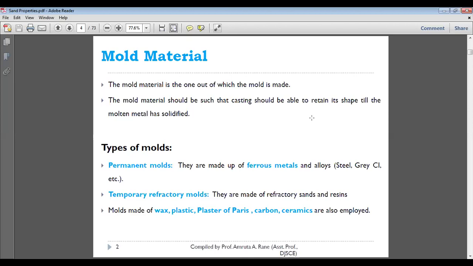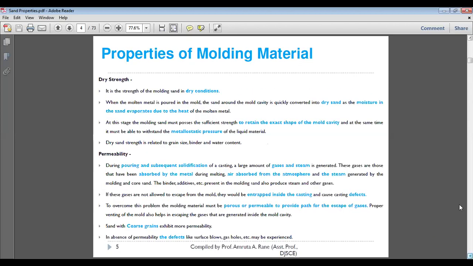They are used for making ornaments and other displays. So these are the other mold materials: wax, plastics, plaster of Paris, carbon, ceramics, etc. But they are not heavy duty, and they are not normally used for ferrous alloys and ferrous materials.